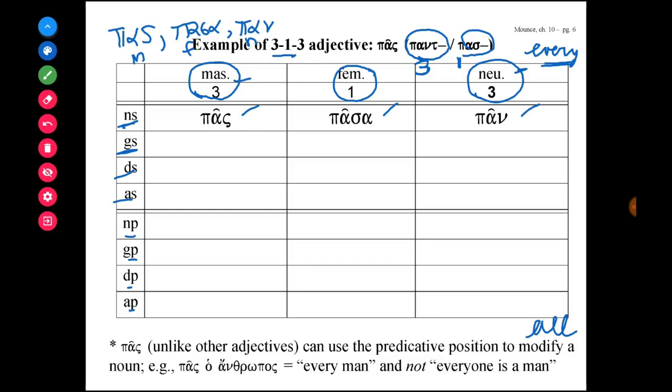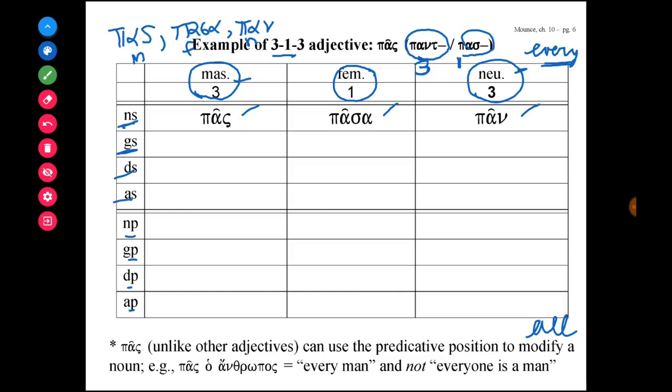And you can imagine how many times the word every or all occurs in our New Testament. And so this is a form that you simply must know really well. But if you know pas, pasa, pan, this 3-1-3 adjective really well, then all other 3-1-3 adjectives will look like pas, pasa, pan, and you'll do just fine.